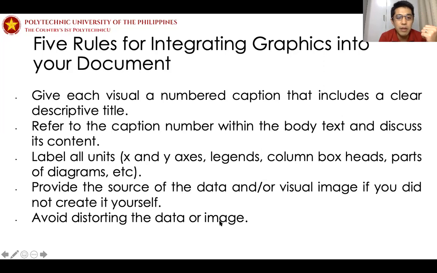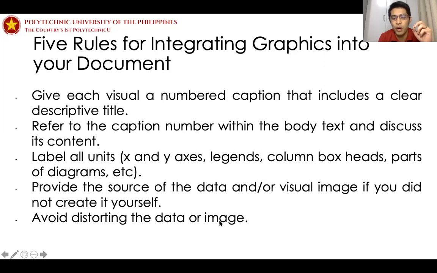Third, label all units. That means we need to have titles or names for every column, or, if it is a figure, for every element present in the figure. Next, we need to also recognize the source.